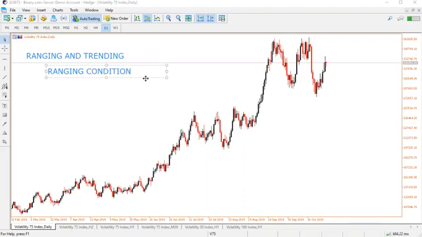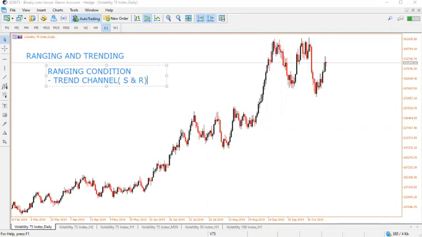With the ranging condition, guys, the market will be contained in what you call a trend channel. The trend channel is composed of a support line and a resistance line.